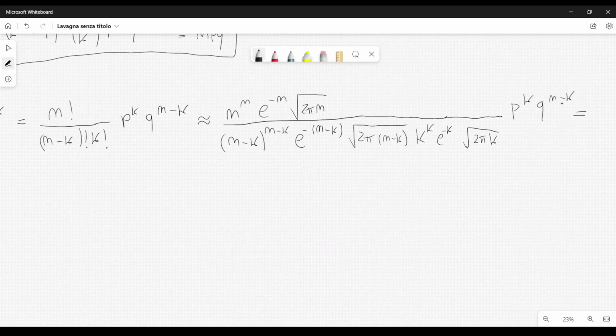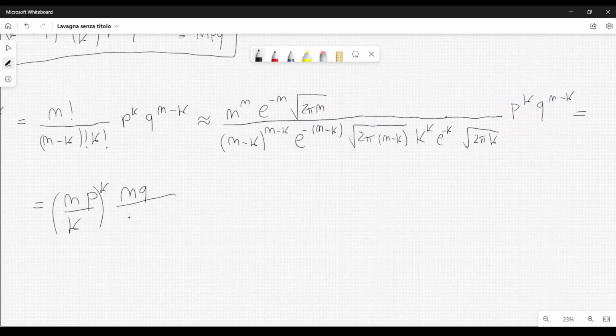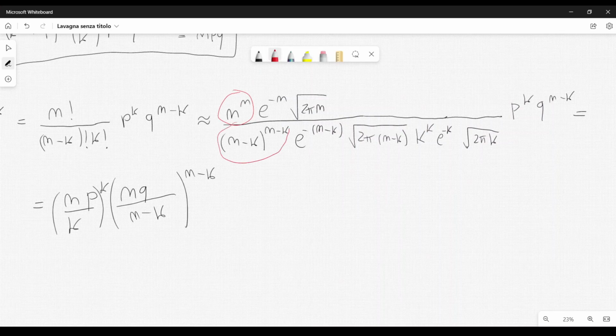This is equal to n times p over k raised to the power k, and then n times q divided by n minus k to the power n minus k. You can check that these terms here are equal to this one together with this one together with this one here.